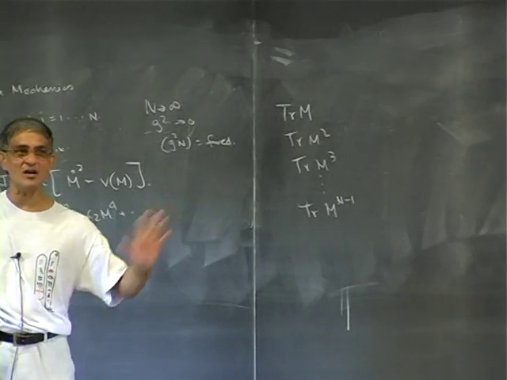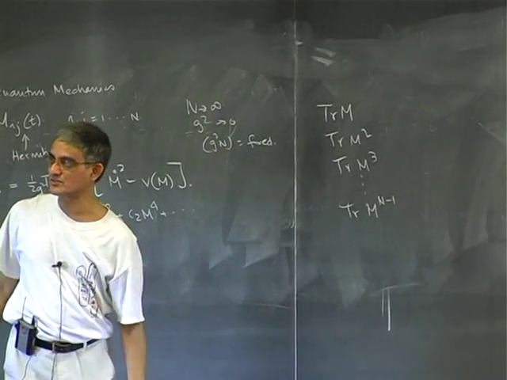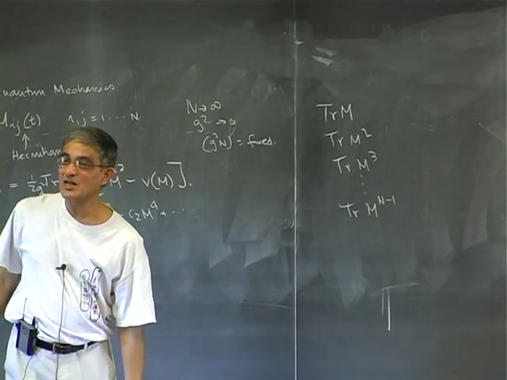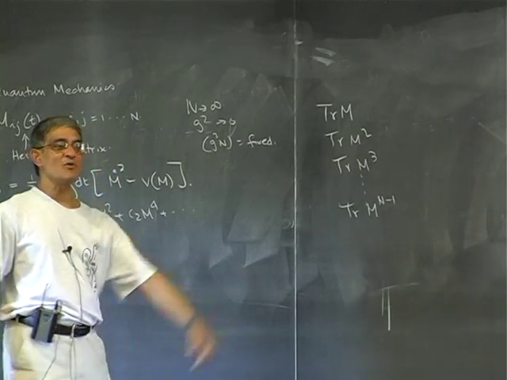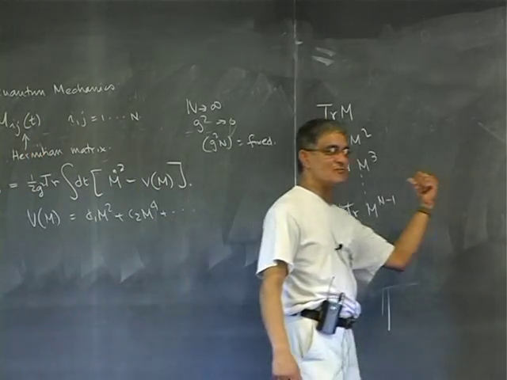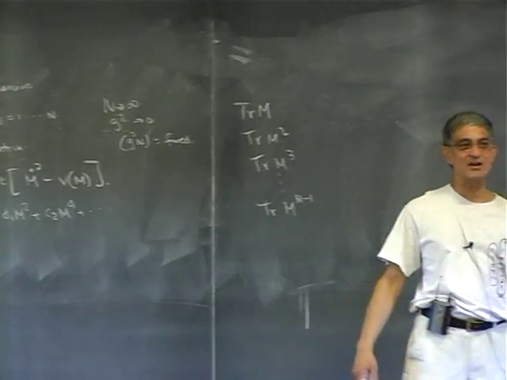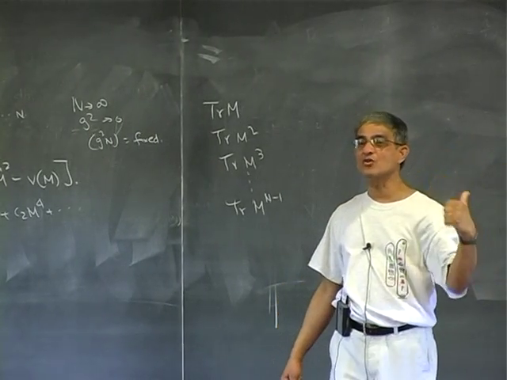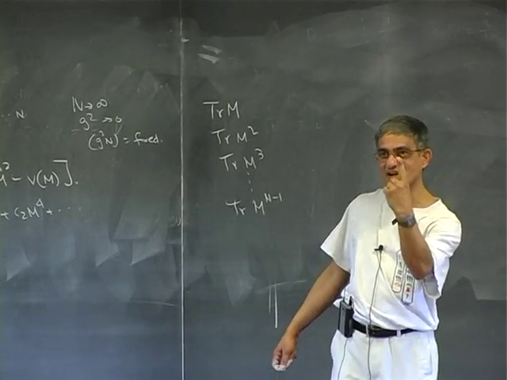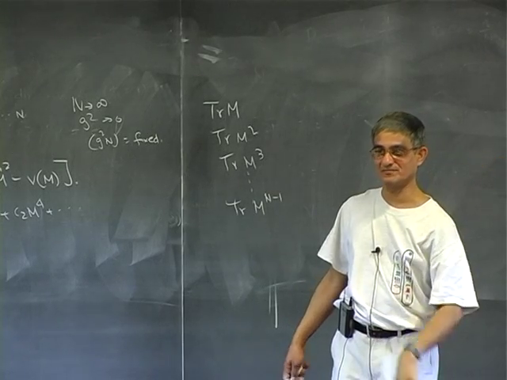But when n goes to infinity, there are an infinite number of objects. Okay? So this immediately tells you that if you want to rewrite this problem in terms of these invariant singlet variables, you have to introduce not one radial coordinate but an infinite number of them.